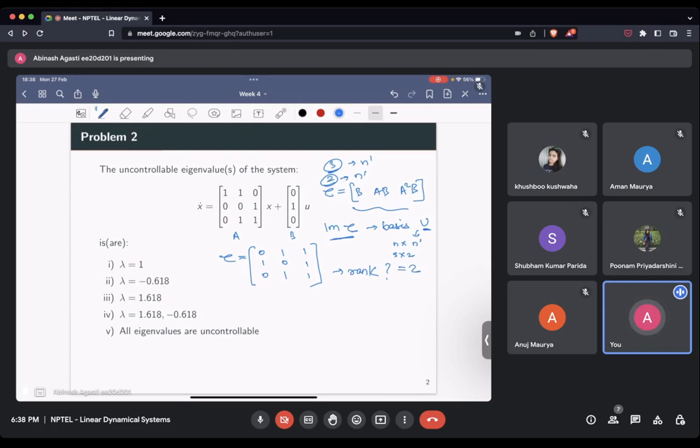So can you tell me which are the independent columns? No idea, sir. Anyone else?